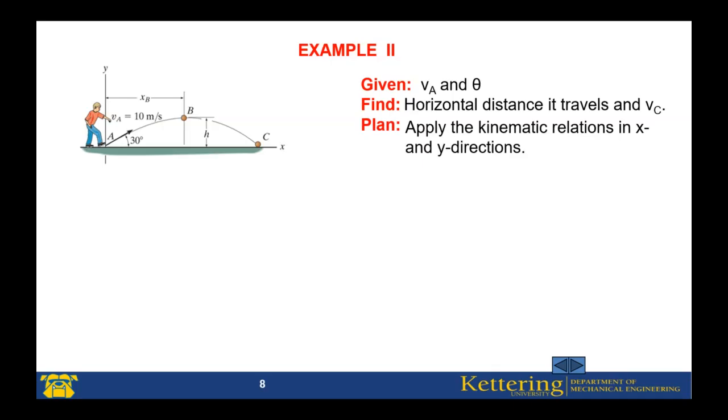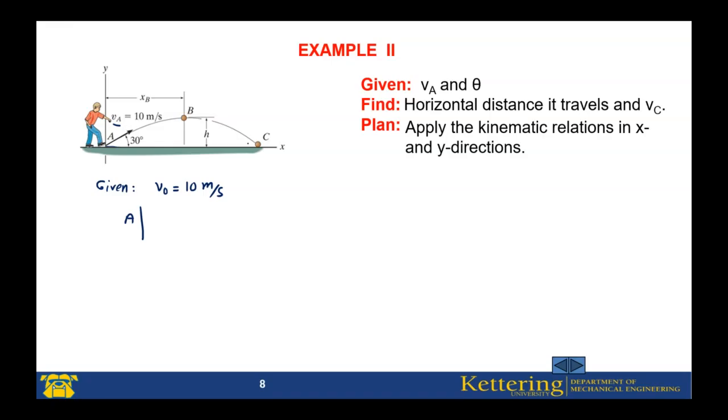Let's solve this problem. This is a type of projectile motion. What is given to us? Initial velocity is given. I just put this one V0, 10 meters per second. A is the launch point or initial point.